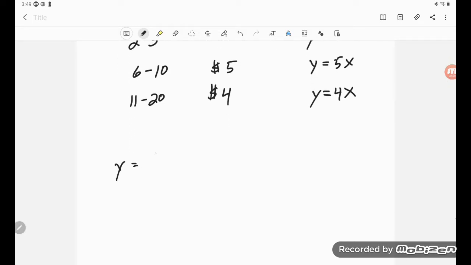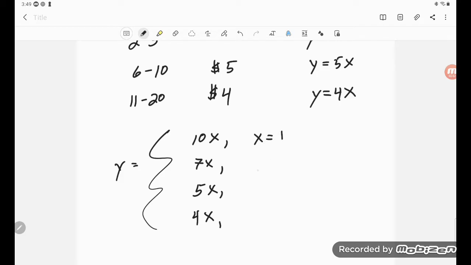I can say, this is a piecewise function. So y equals, and I have my 10x, my 7x, 5x, 4x. But now I need to tell you when to use each of those. Here would be x equals 1. Then from 2 up to 5, I would use 7x.